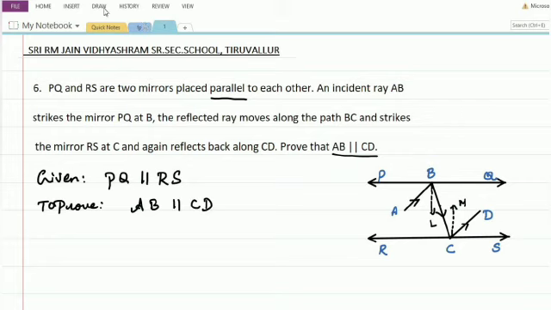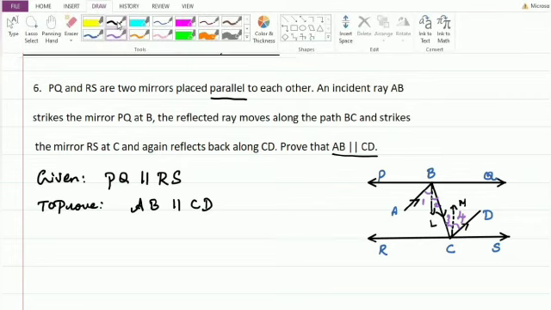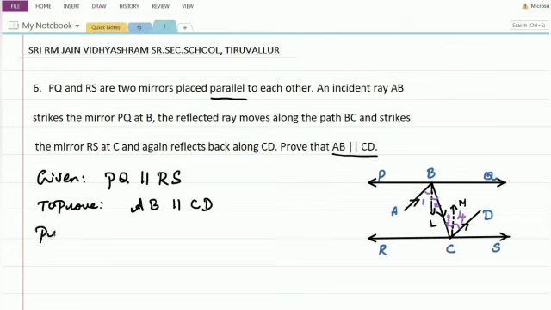Here I am going to mark this angle as 1, this angle as 2, this angle as 3, and this angle as 4. If I prove ABC equal to BCD, so if alternate angles are equal, then AB will be parallel to CD.